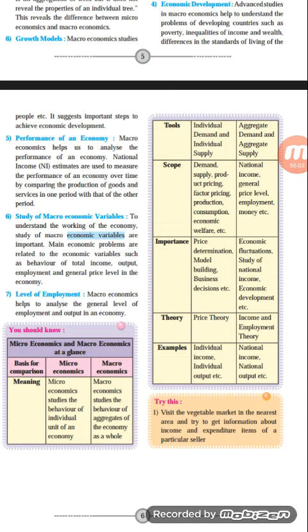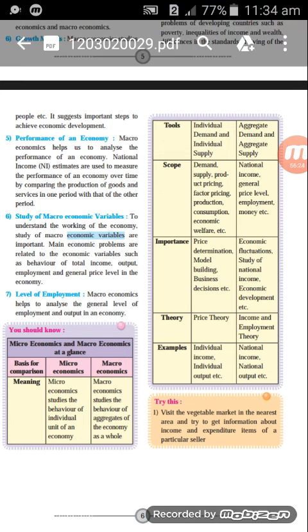So here we have to go through this distinction, and on page number 7 the exercise related to the concerned chapter, the introduction to micro and macroeconomics, is given. I hope that you understood the lecture and you can easily solve the exercise given on page number 7.